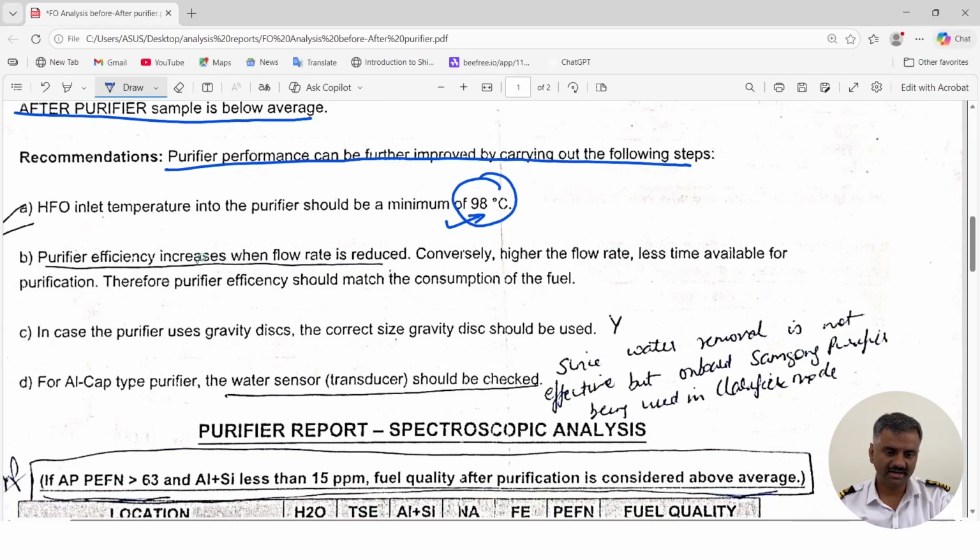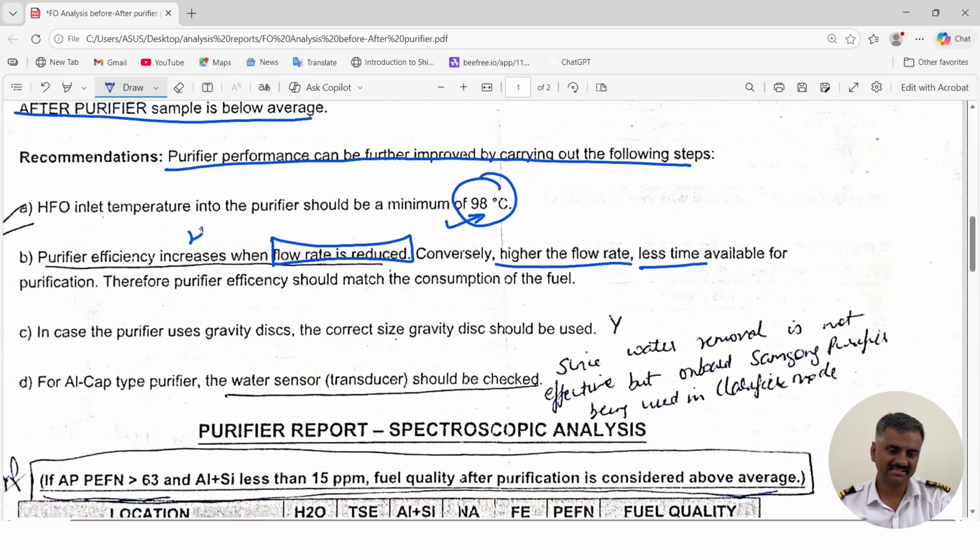Second, purifier efficiency increases when the flow rate is reduced. At a lesser feed rate there is more time for the fuel to be purified inside the purifier, so that is a better purification, because at a higher flow rate less time is available.